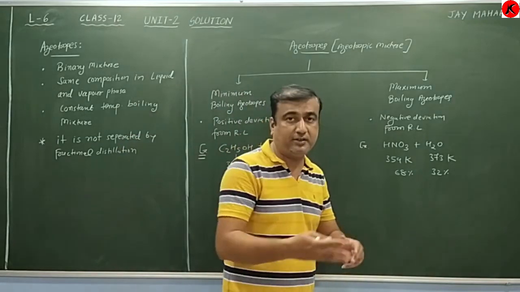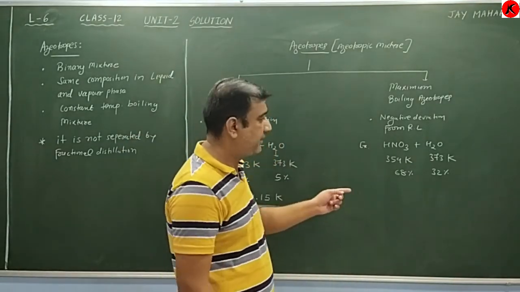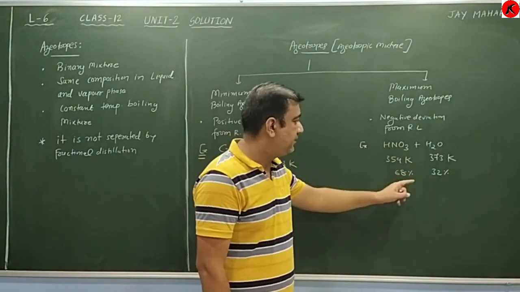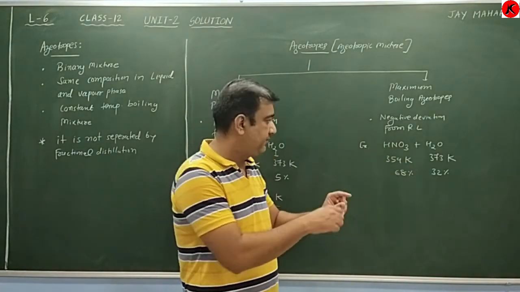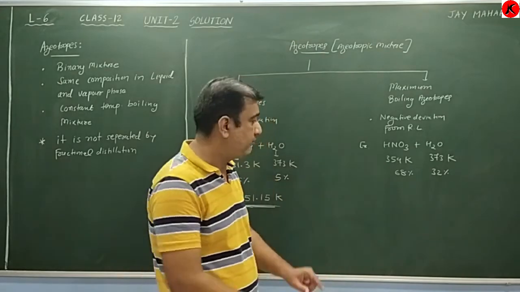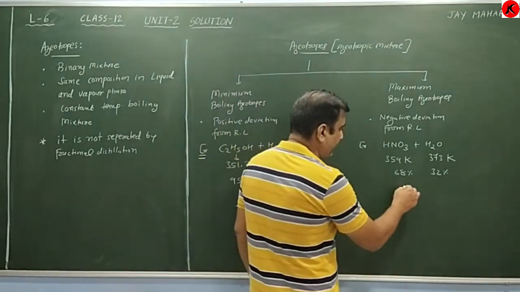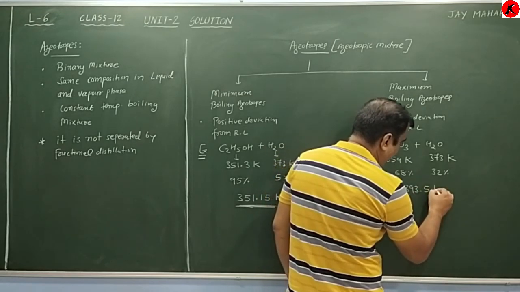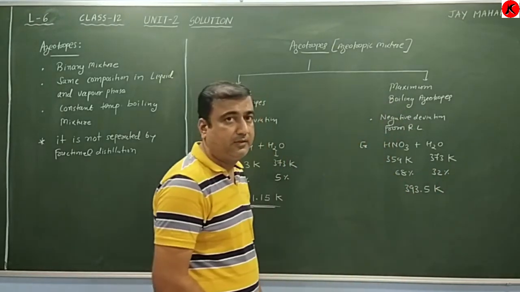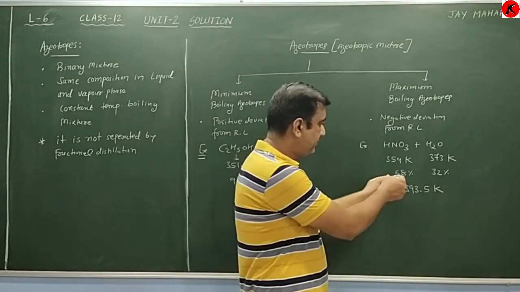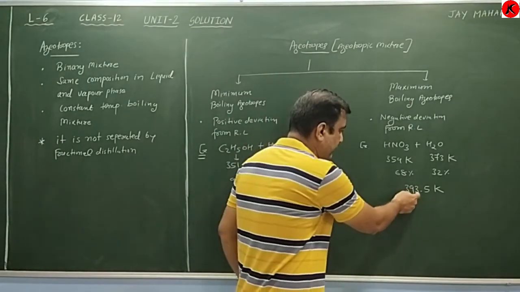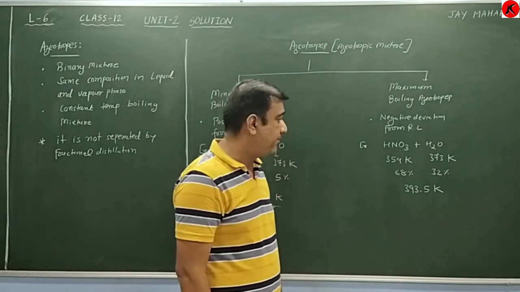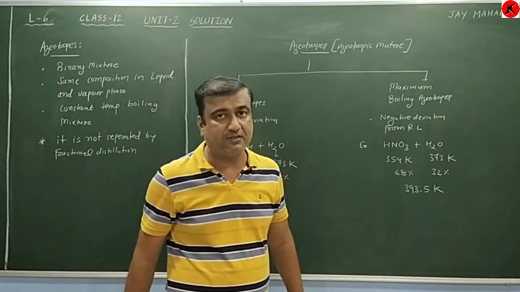That means no further separation of nitric acid is possible by the distillation method. And when this composition is achieved, this mixture has a boiling point of 393.5 Kelvin. This is a constant temperature. Now this mixture boils at this temperature with the same composition in vapor and liquid phase, so no further separation is possible.